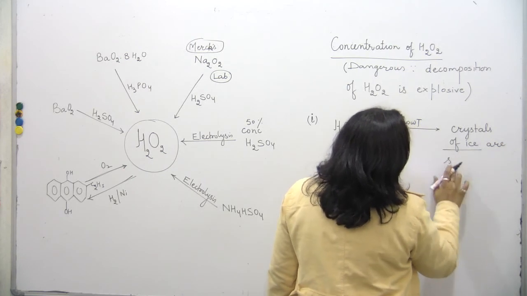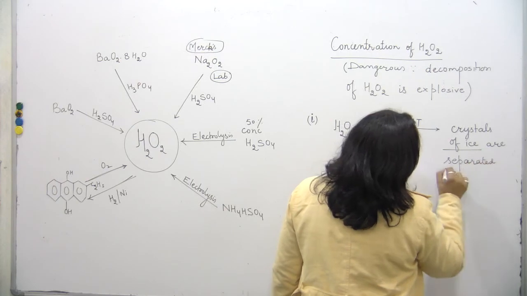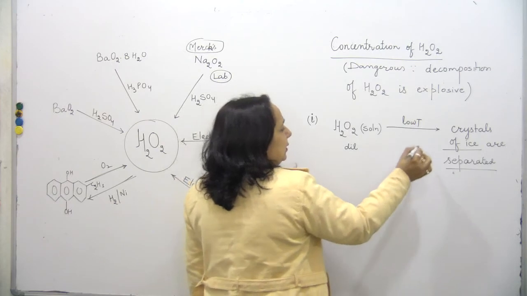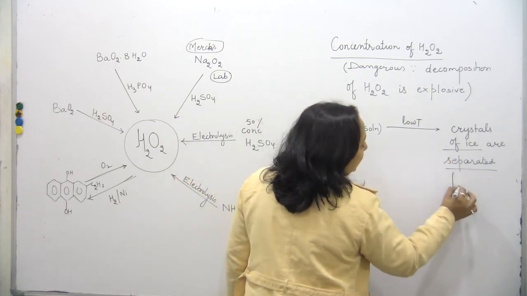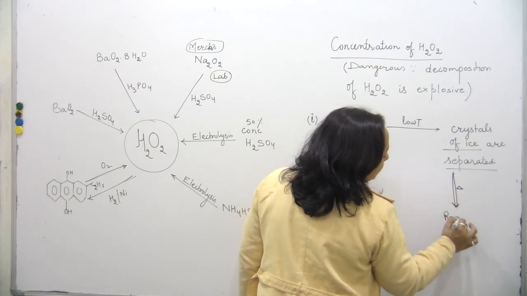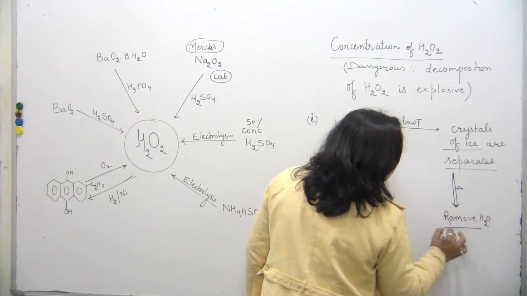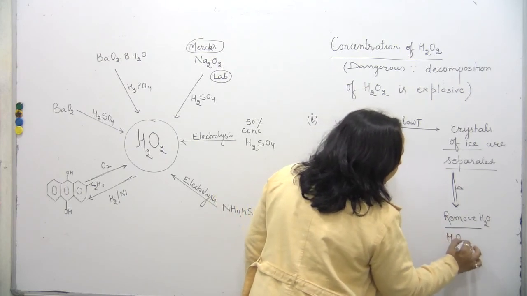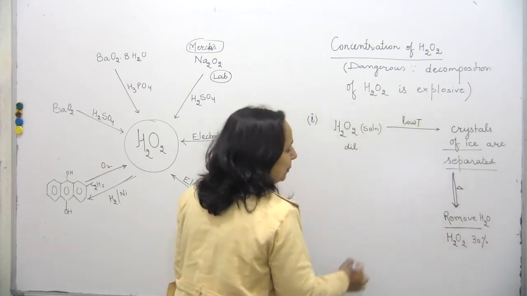Water will crystallize first and we can separate crystals of ice. Carefully heat it to remove water. And concentration of hydrogen peroxide that can be obtained by this careful heating is up to 30%.